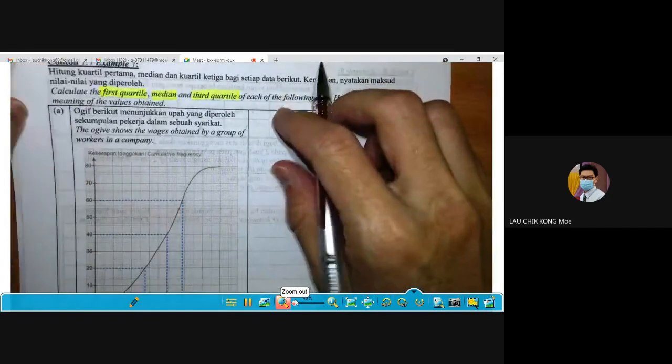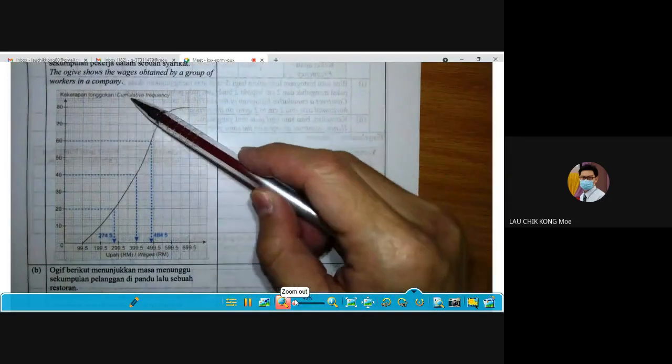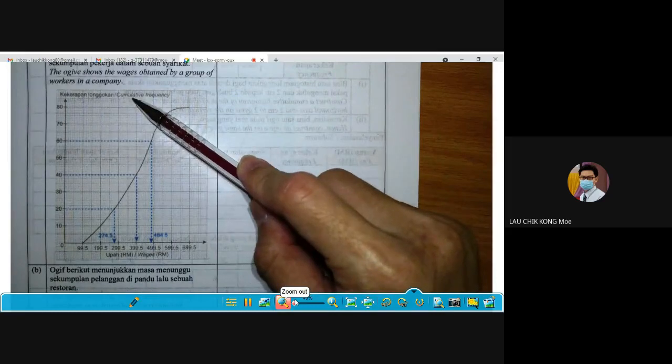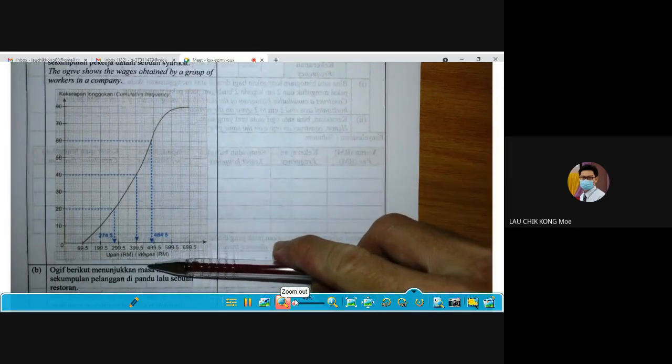Okay, first of all, we try to calculate the first quartile first. Okay, if you look at this graph, this is an ogive. This is an ogive. Cumulative frequency against upper boundary. Upper boundary here is wages upah in RM.